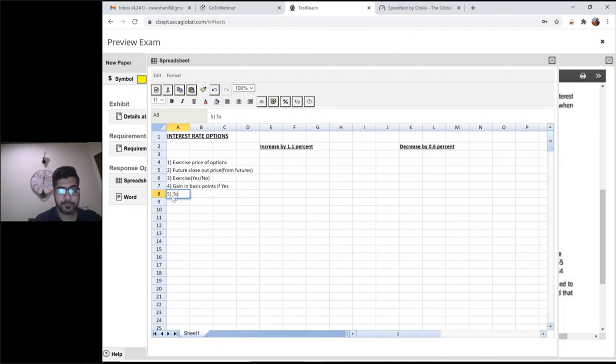Then it's total gain, then actual cost of borrowing or actual return on deposit. This was the case of deposit. So actual return on deposit from futures.